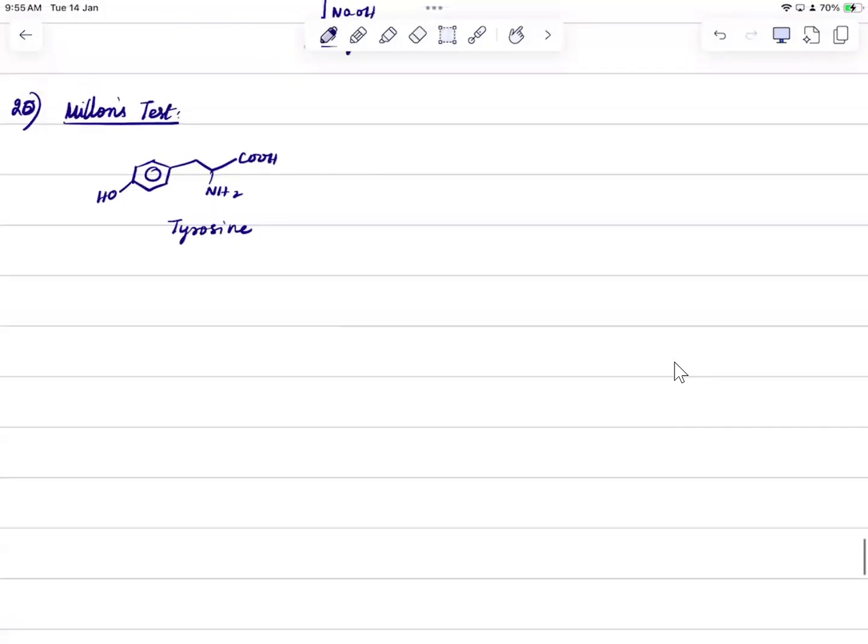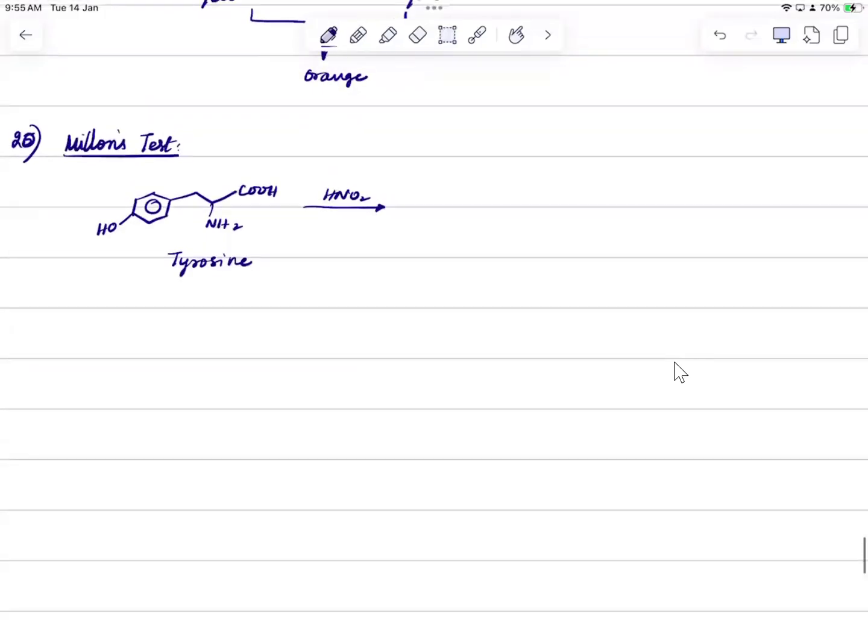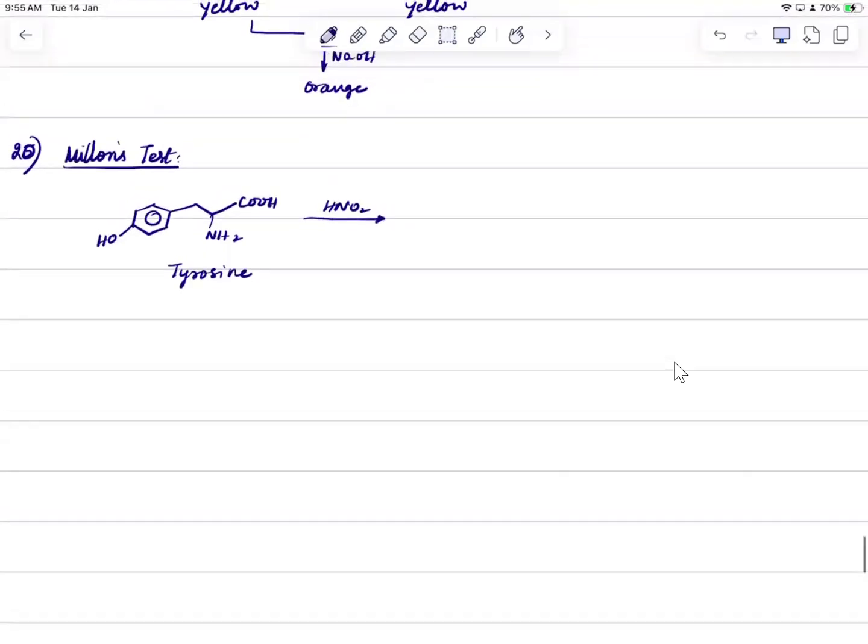So if you have tyrosine and treat this with HNO2, it will become a nitroso group. Basically here this entire thing we have an R, here we have OH, and this will convert into N double bond O. And this N double bond O will exist like an oxime, and in the presence of Hg2+, it will form a complex Hg with four connections here with oxygen, another oxygen here, oxygen and another oxygen.